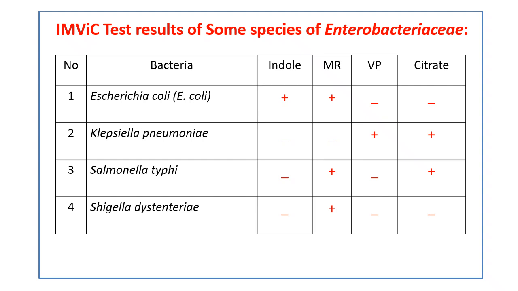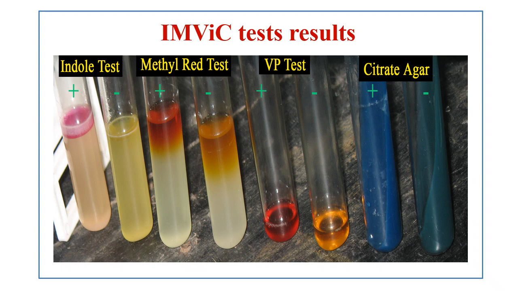This indicates that IMViC is very important for identifying the species of the Enterobacteriaceae and differentiating between them. And we concluded that IMViC is a group of 4 biochemical tests used to differentiate between the Enterobacteriaceae family. We are looking for a specific color change.